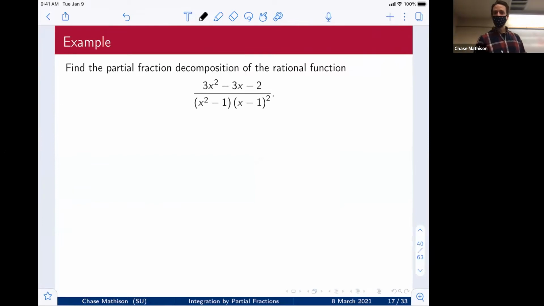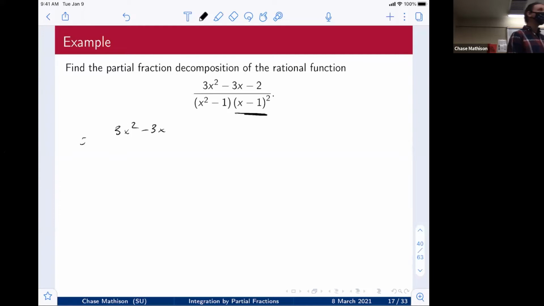So tomorrow we're going to actually write this example out, but for now, let's look at how we would do this. Find the partial fraction decomposition of the rational function 3x squared minus 3x minus 2 over x squared minus 1 times x minus 1 squared. So is the bottom, is q completely factored? It's not.